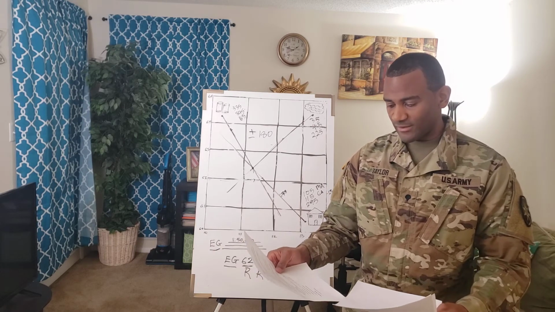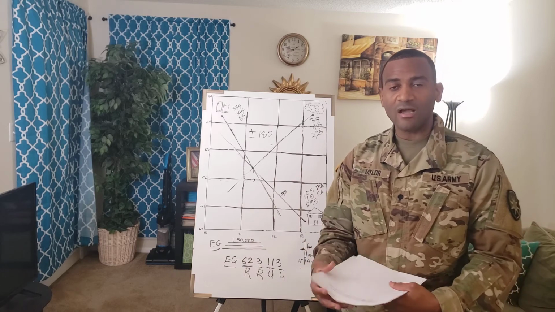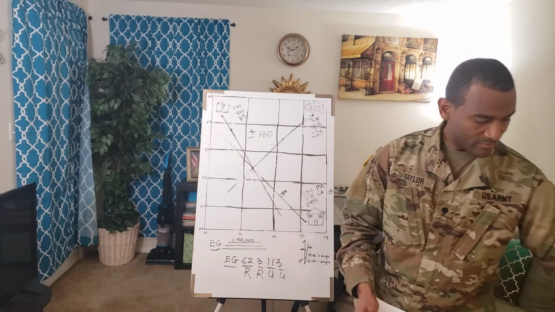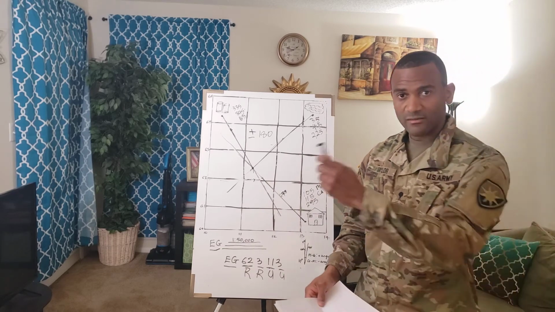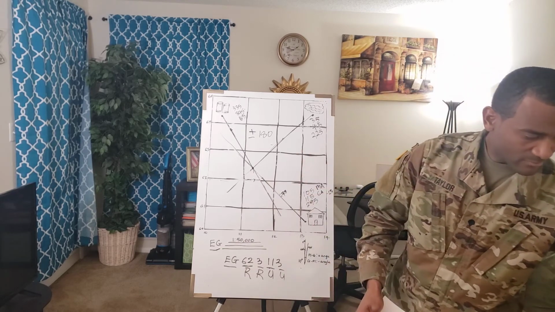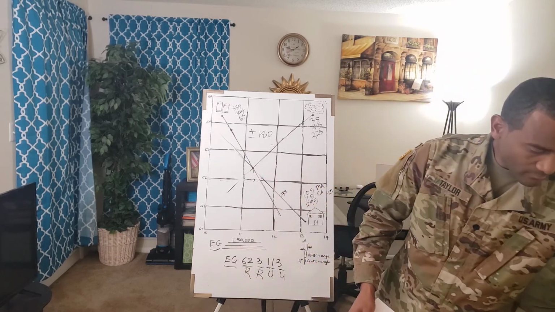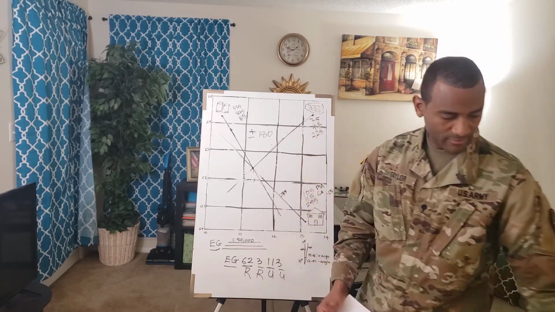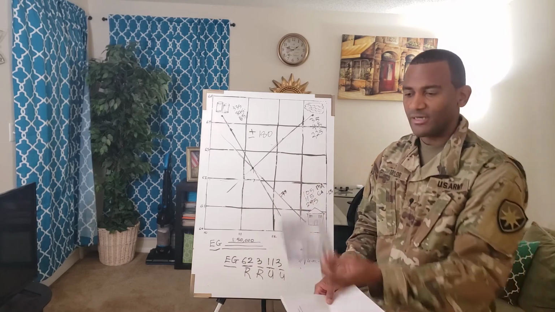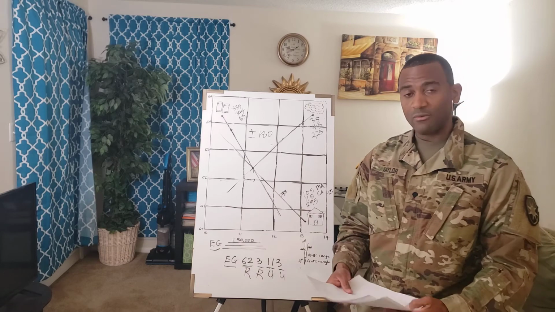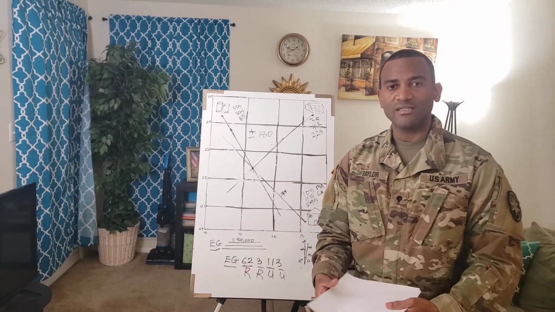At this point, I will account for my equipment. I still have my map, still have my pencil, my magnetic compass, my ruler, and my military protractor. I will now conduct an after-action review.